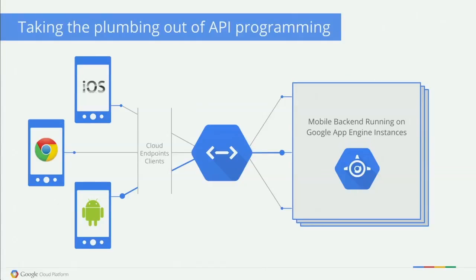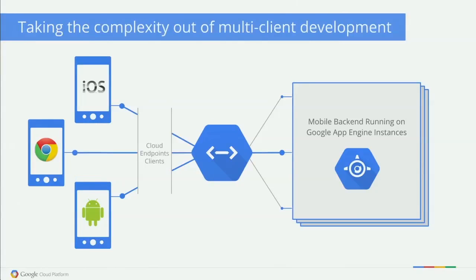One thing that Endpoints does for you is take the plumbing out of API programming by, for example, marshalling Java objects into JSON objects and providing REST APIs from your annotated Java code. Another thing that Google Cloud Endpoints does is take the complexity out of multi-client development. I understand that while you might be targeting Android as a primary distribution target, there's also iOS and there's JavaScript.